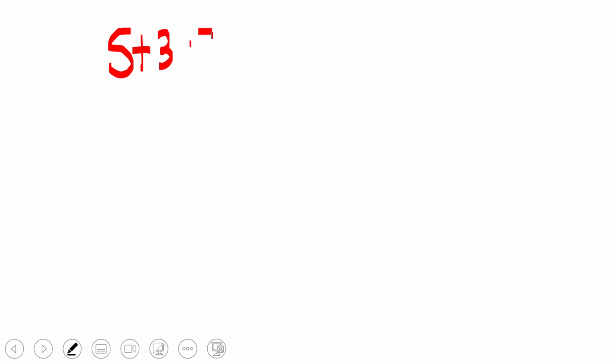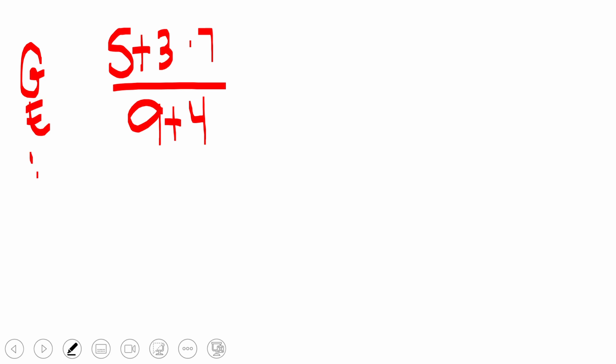Another example, 5 plus 3 times 7, all over 9 plus 4. All right, we're going to think GEMS. Here we don't exactly have groupings, but we do have multiplication and division before we add information.